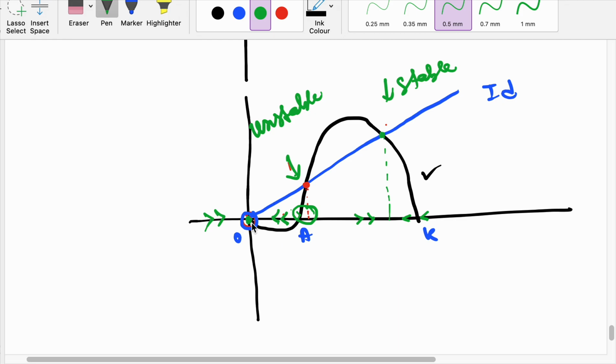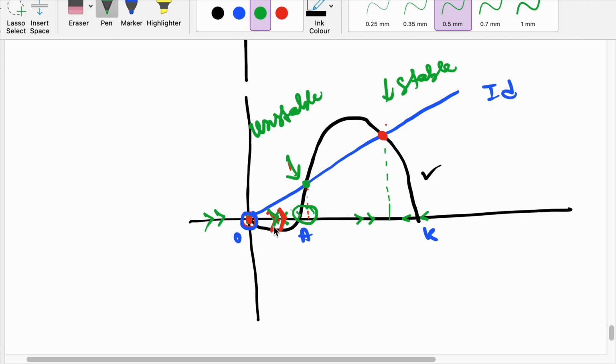So, in place of the stable, if it becomes unstable, then this flow will become this, and then you will find that this point will also become unstable and this will become stable.